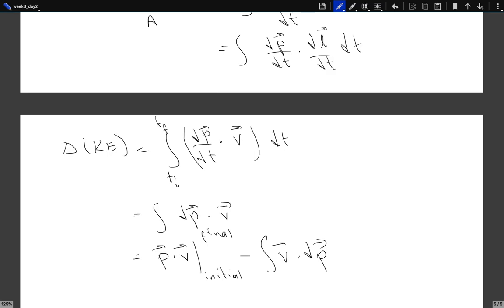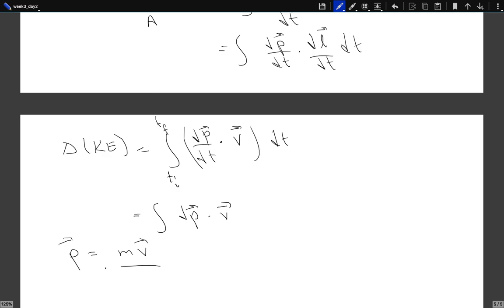And now, let's avoid integration by parts. It will just make it more complicated. But you see, we already know what p is. p is m times v over the square root of 1 minus v squared over c squared.